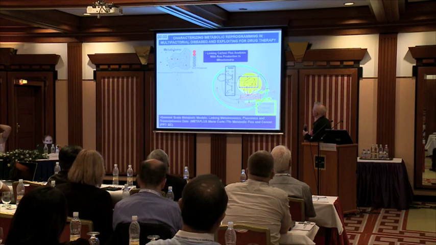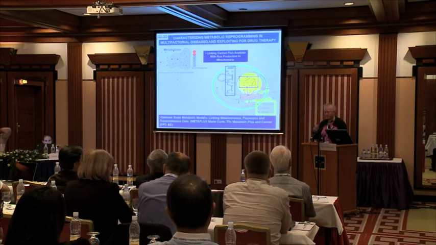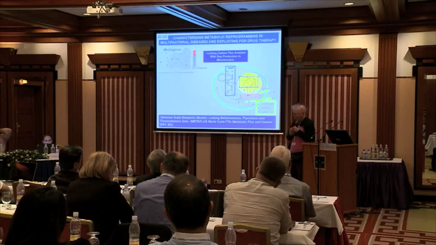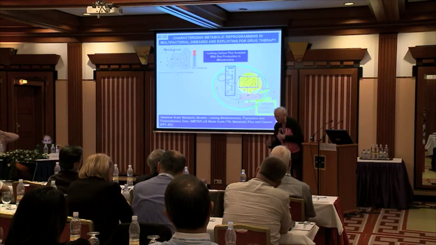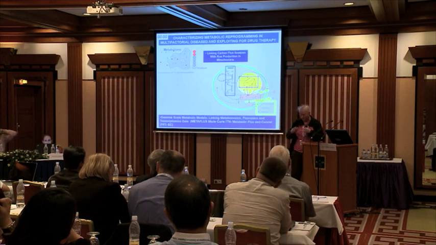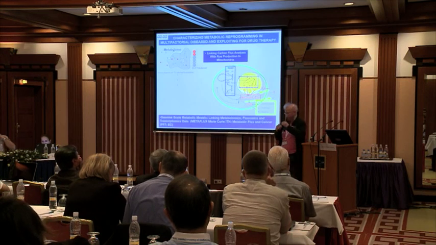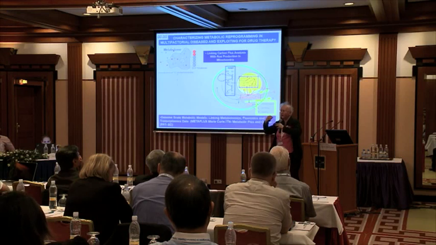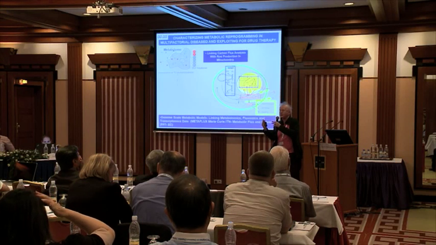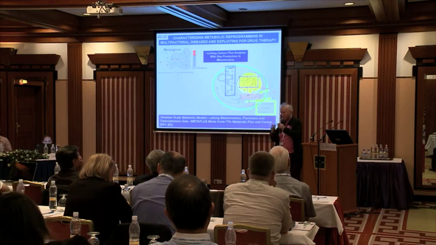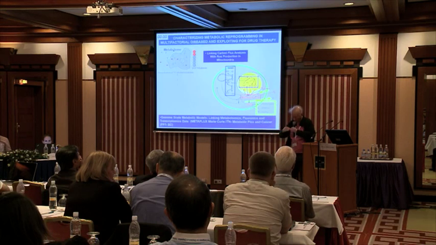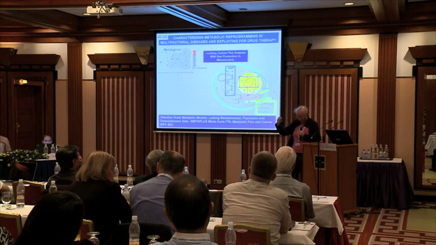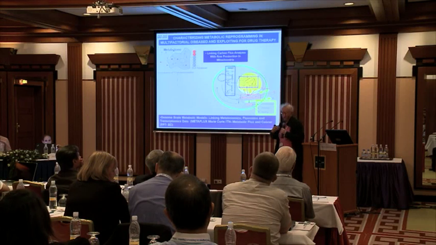We have a very detailed model of ROS production in mitochondria. And we demonstrated some years ago that, because of their natural mechanism of functioning, complex 3 and complex 1 can operate in a bistable manner, so that they can produce high ROS or low ROS. You can arrive at this state of high ROS in hypoxia, but after normalizing oxygen conditions, you do not always return to the low ROS production levels, which has been well known for years and is a problem in transplantation of organs, for instance.